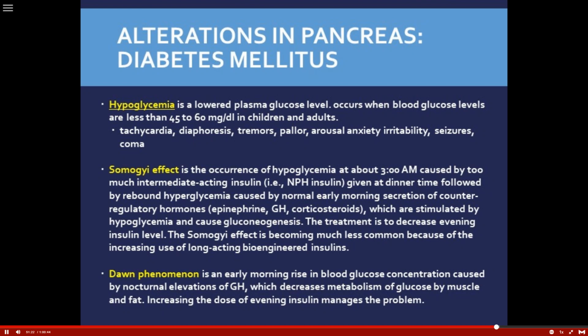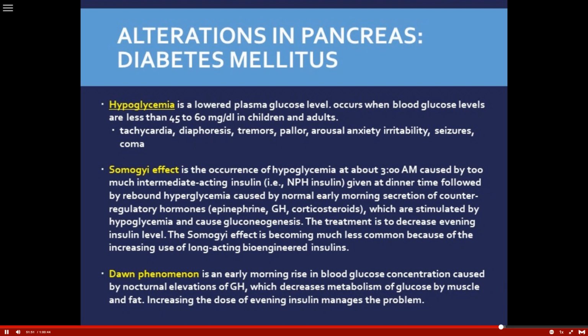So let's talk about the Somogyi effect versus the dawn phenomena. Why is this important? Particularly with our newly diagnosed diabetics. Sorry, I had to take a drink. So, Somogyi effect versus dawn phenomena. This is probably pertinent when you have a newly diagnosed diabetic because you're really trying to find that perfect balance of their need and dosage of insulin.